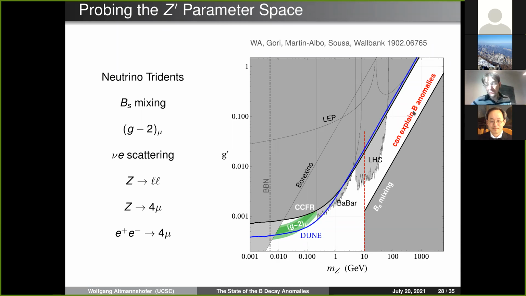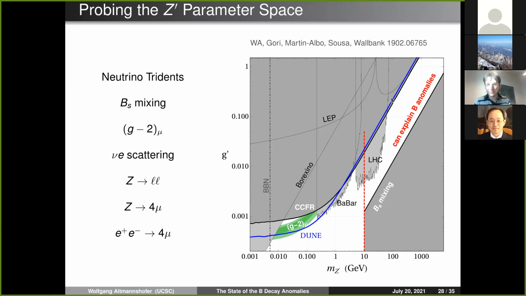And once one tries to explain the B anomalies, one has to be careful not to violate constraints from B_s mixing. If you have the Z prime, which has this flavor changing coupling between a bottom and a strange, you can have two of those couplings, and you will get B_s mixing, and that constrains the parameter space down here.